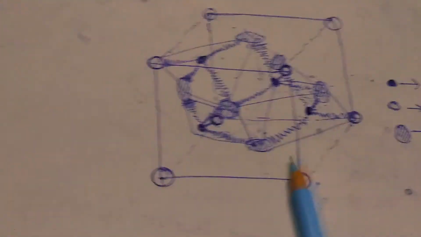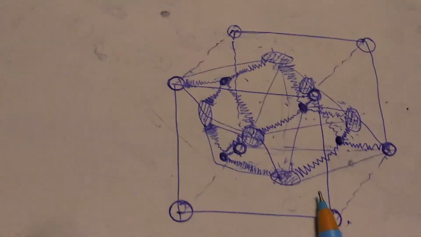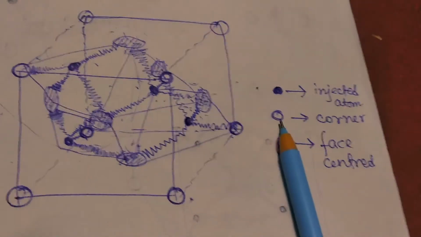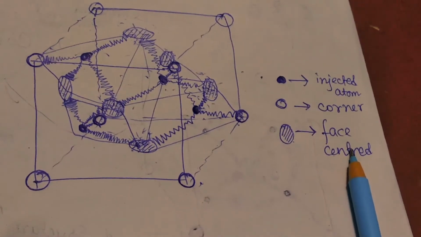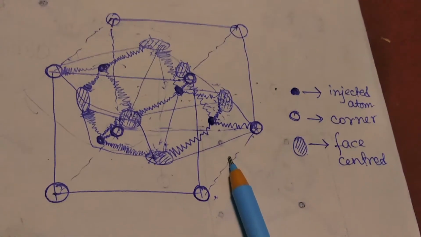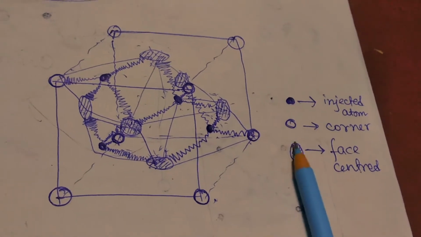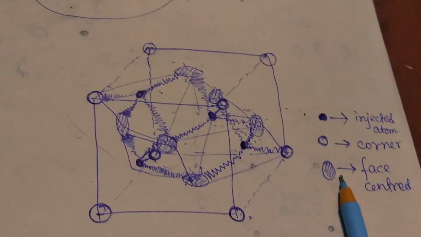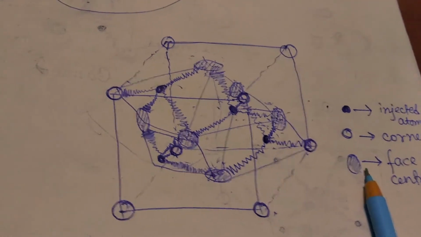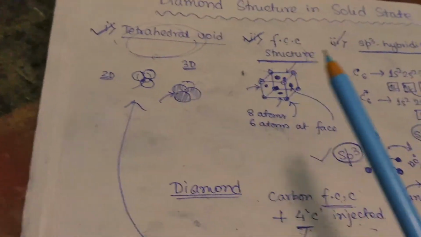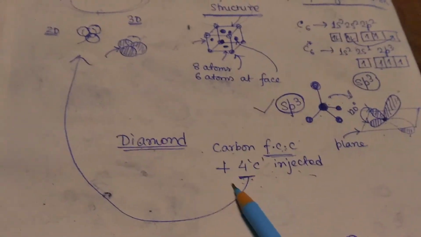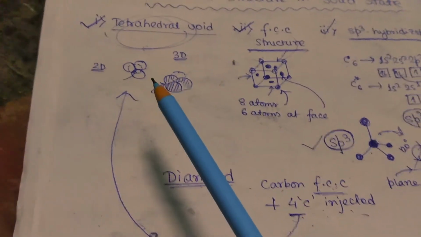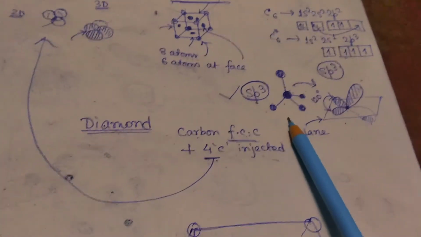If you follow carefully, one corner atom with the 3 face centered atoms creates a tetrahedral void space, and in this tetrahedral void space one of the 4 carbon atoms is injected, in sp3 mode.